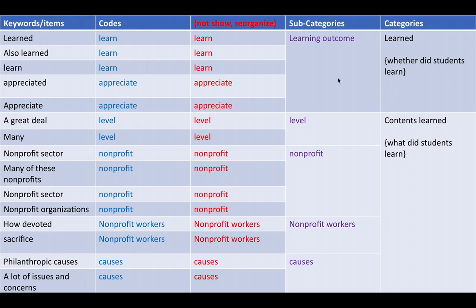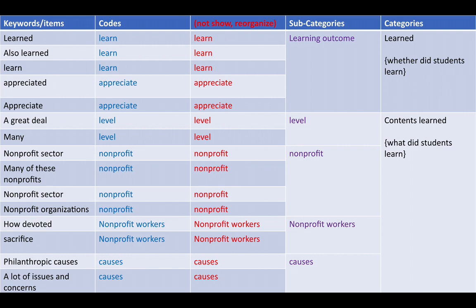Of course you can ask, should you use the same subcategory name as the code name or the keyword? Sometimes it can be the same. For instance, here with learn, they are all the same: the keyword is learn, the code is learn, and the subcategories and categories are very similar, basically the same thing. You call it learn.